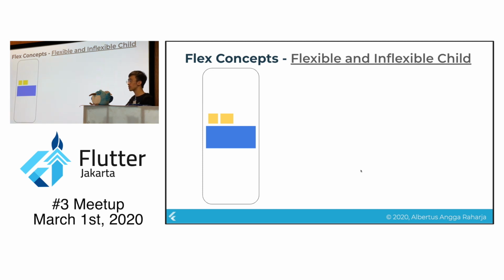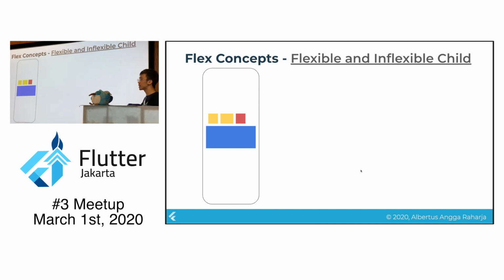So if it's not wrapped inside expanded or flexible, it will be considered inflexible. Or setting the flex factor to 0 will make the child widget inflexible. So any child that has 0 flex, or that doesn't have expanded or flexible as its direct parent, will be treated as an inflexible child. Other than that, it will be treated as flexible. If you declare your widget wrapped inside expanded or flexible, the default flex factor is 1. We will cover more about the flex factor in the next slide.